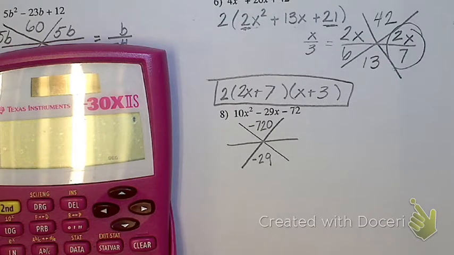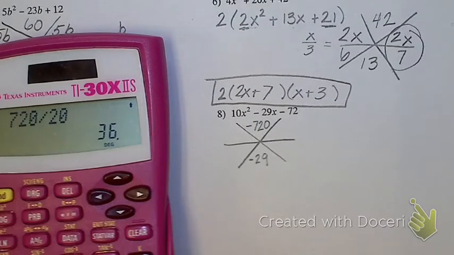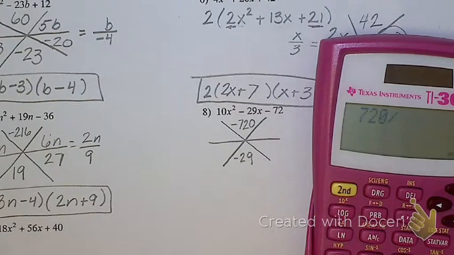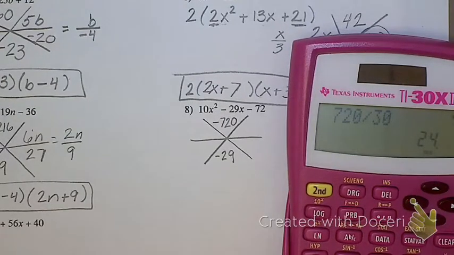Let's see, 720 divided by 20. 20 and 36, not going to get me 29. 720 divided by, I think I can divide by 30 even. 30 and 24, not going to get me 29. I think I might have gone too far. Did I? Because those seem further apart.